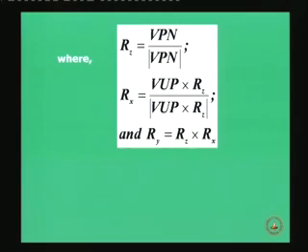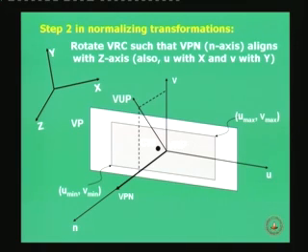Let us go back to the figure to understand the significance of Rx here. It is a cross product of the VUP vector and the view plane normal. The view up vector is nothing but the up vector, which is lying in the n-v plane, and the cross product of the view up vector with the VPN will actually give you the u axis.